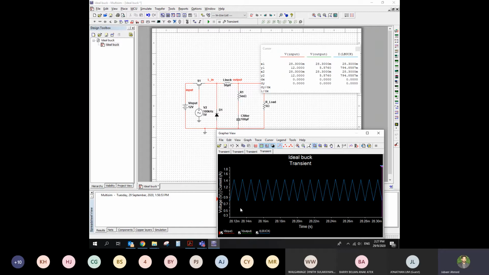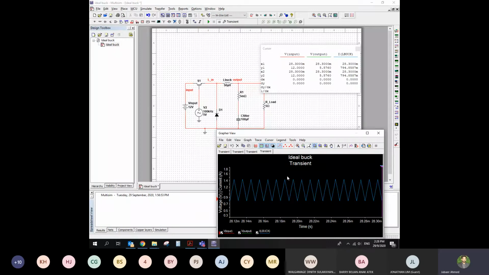Can you see how big the oscillation is here? It is almost from 0.6 to 1.4 ampere. So there is a big amount of oscillation going on. This is what we call the inductor current ripple. The bigger the ripple is, the less ideal our DC-DC converter is going to be.